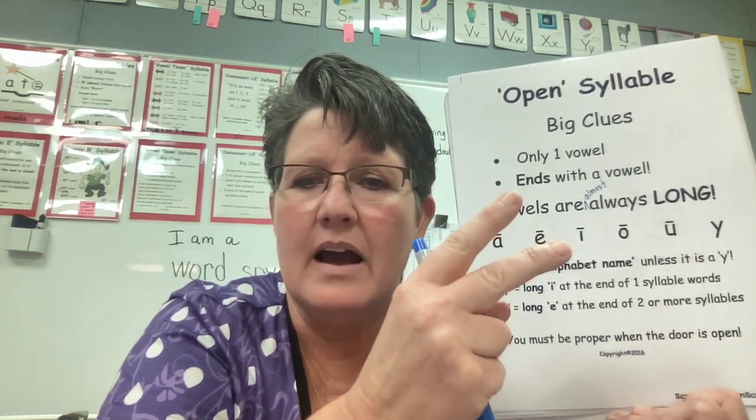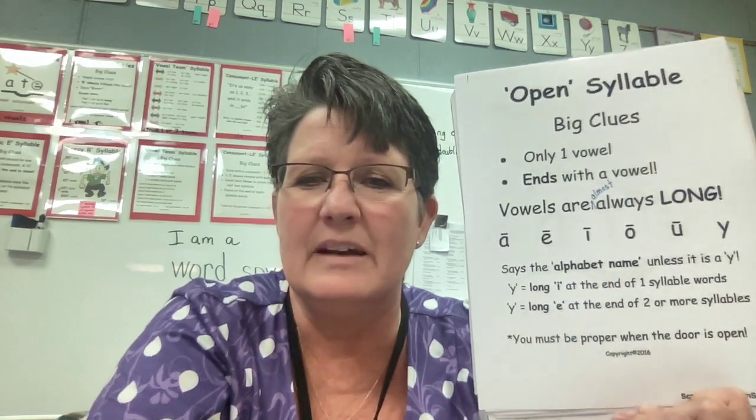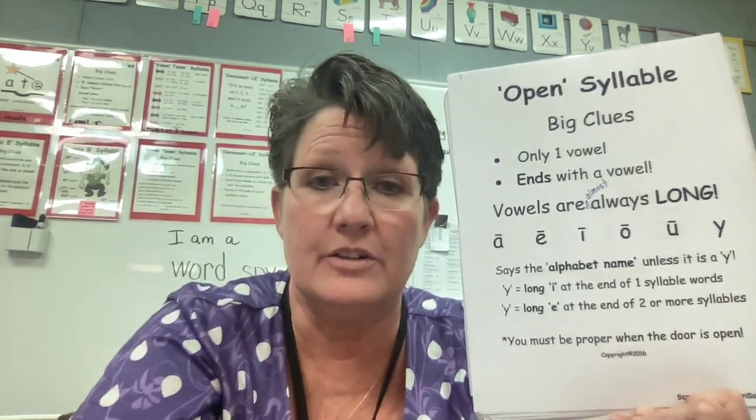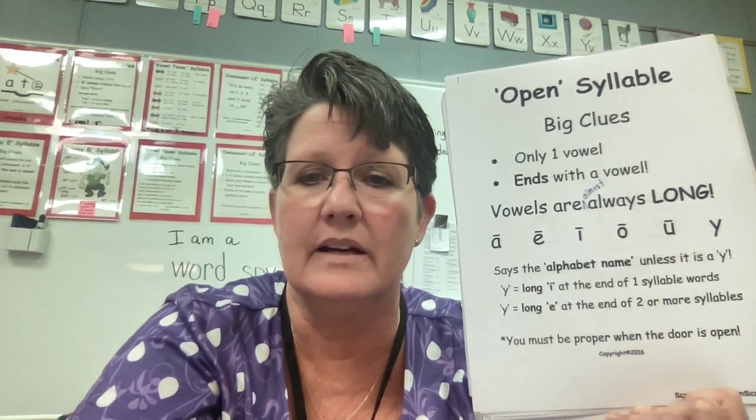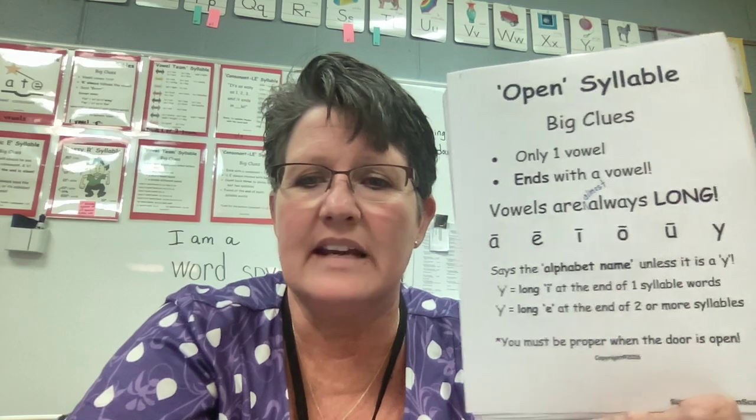Then we have I at the end of the first syllable. Then we had I on the other page, where it's trapped in the middle by a closed syllable, and it says I. And then if it's two or more syllables, it's going to say E.